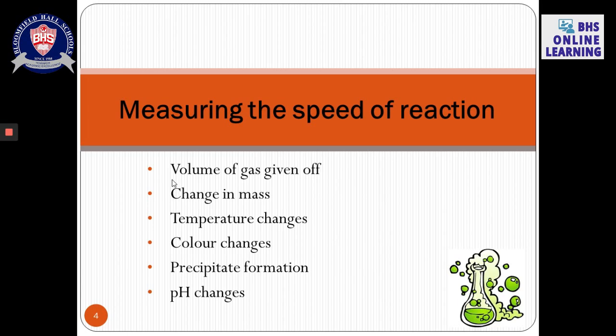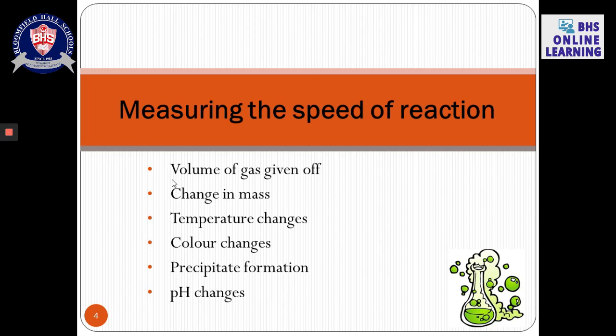Some reactions are exothermic, so the temperature on the thermometer will rise. But some reactions are endothermic, so the temperature will drop. We can measure either the increase or decrease in temperature to measure the rate of that reaction.